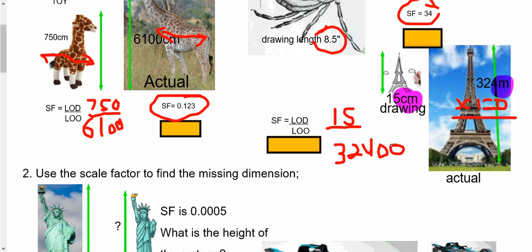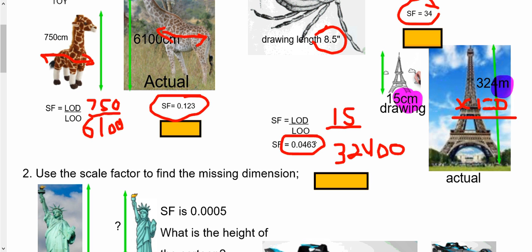Okay. So grab my calculator. And I go 15 divided by 32,400, and I get 0.0463. Now, I would have gotten that if I had gone 0.15 divided by 324. So either way, I would have been good.